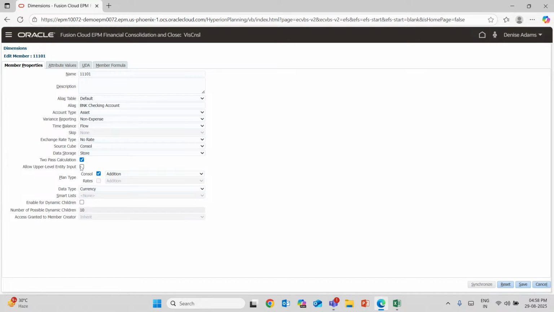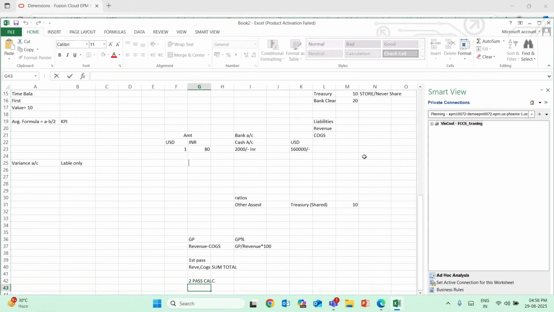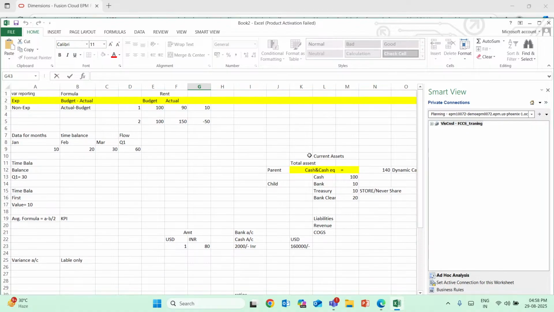So it says allow upper level entity input. The topmost entity is our parent. So if we enable this, then we will input data directly into the parent level entity. Okay.